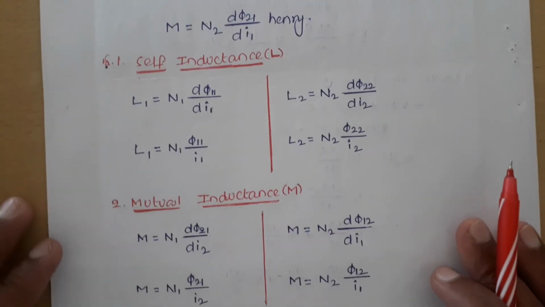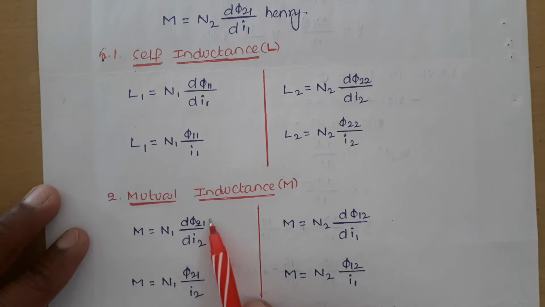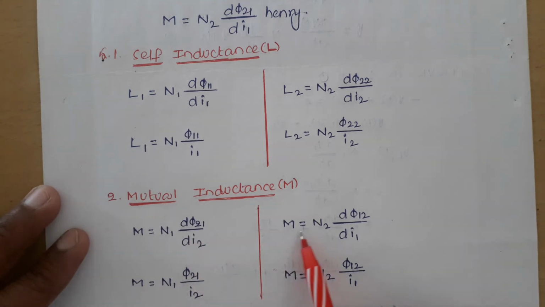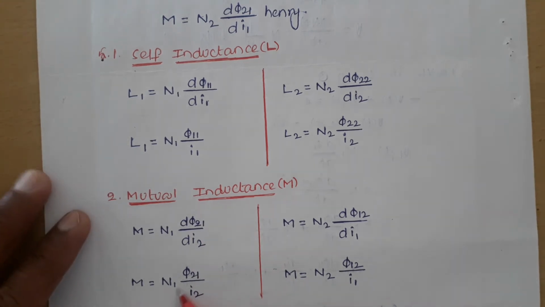For mutual inductance, M equals N1 dφ21 by di2 and from the second coil M equals N2 dφ12 by di1. If we remove the differentiation, assuming φ and I are linear, M equals N1 φ21 by I2, and M equals N2 φ12 by I1.